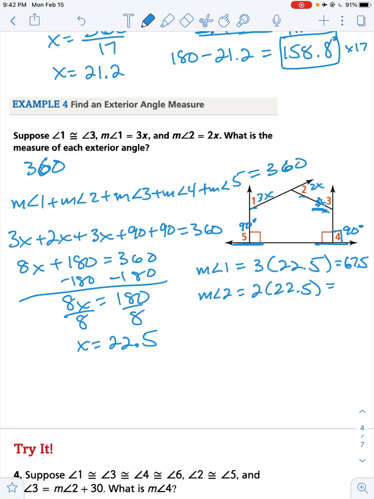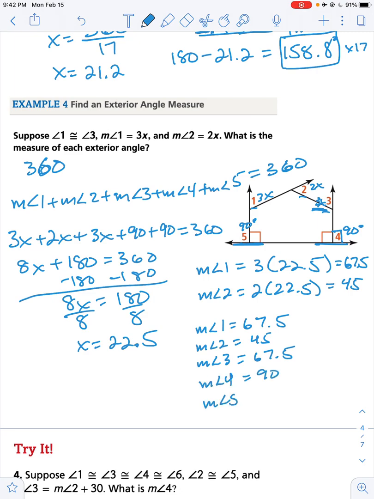And that is, I think it's 45, right? Yeah, 45. So then, if I list them all out, measure of angle 1 is equal to 67.5. Measure of angle 2 is 45. Measure of angle 3 is also 67.5. The measure of angle 4 is equal to 90, and the measure of angle 5 is equal to 90. So here's the measure of all of my angles. Okay. All right.